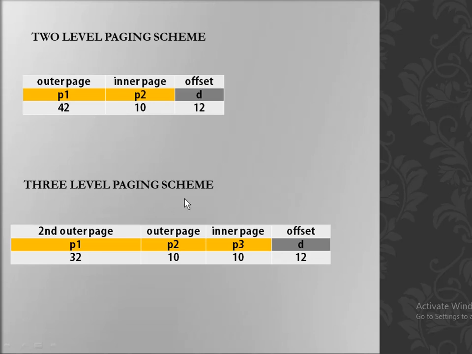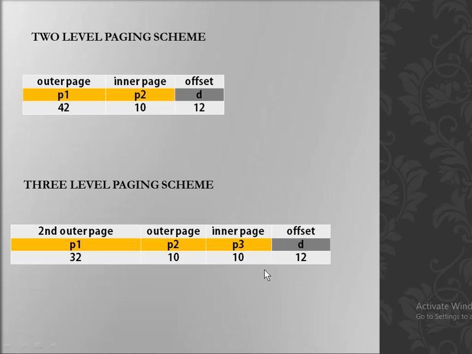Again in the 3-level paging scheme, this 42 will be divided into parts, P1, P2, P3. This is the second outer page table, this is the first outer page table, this is the inner page table, and this is the offset, right? Here we have the first page table, the second one a page of page table, and the third one a page of page table. This is a 3-level scheme.